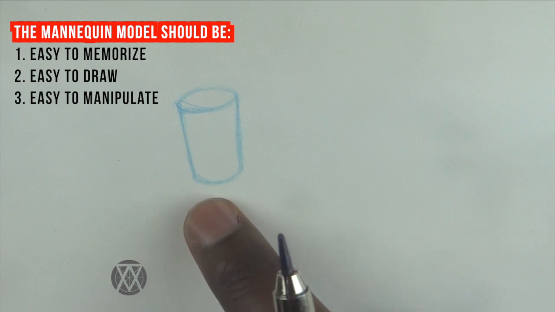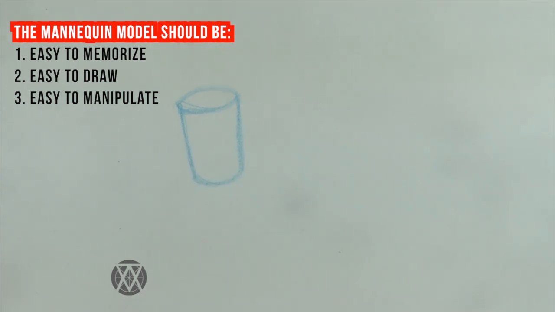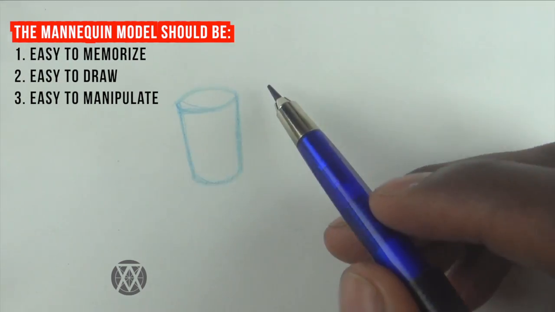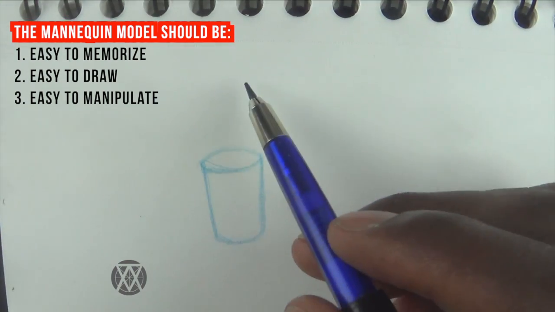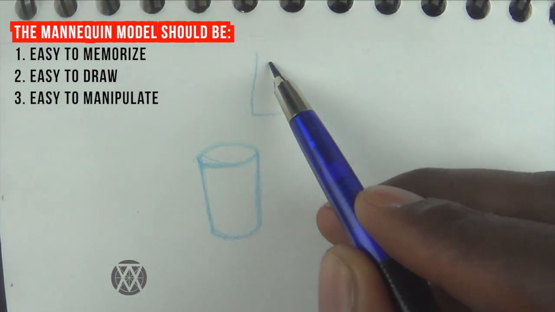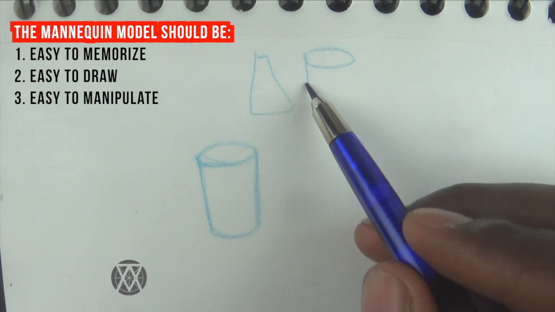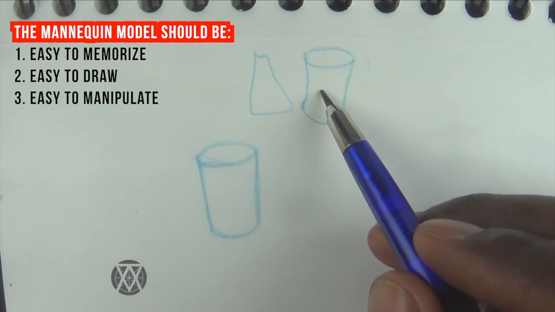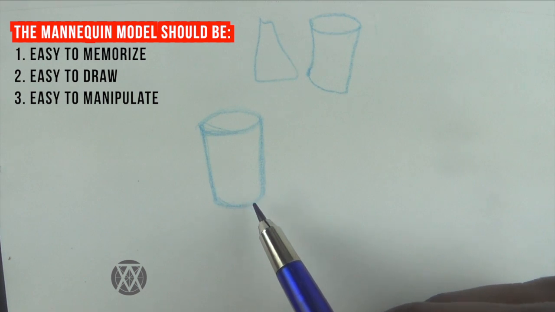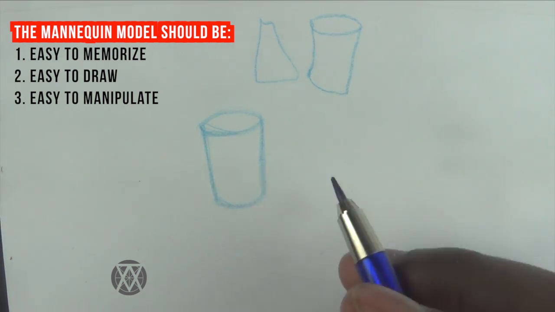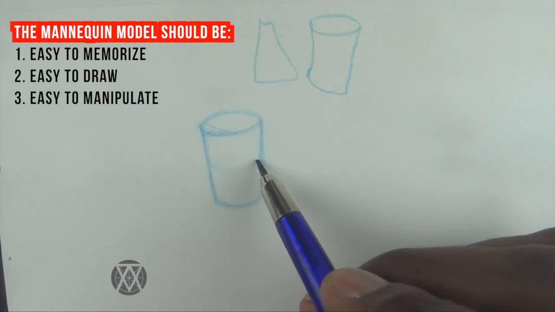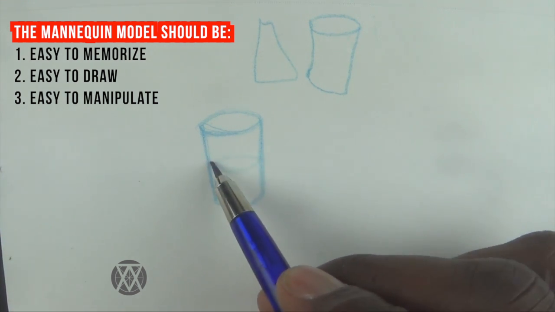If you can do this, you'll be able to master the mannequin. So in other words, notice it's not like this. It doesn't look like this. We will get to that eventually, but I want you to focus on doing something as simple as this.